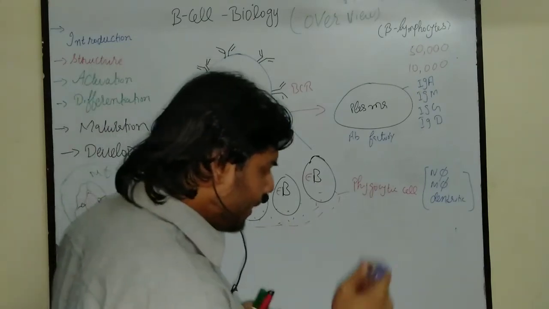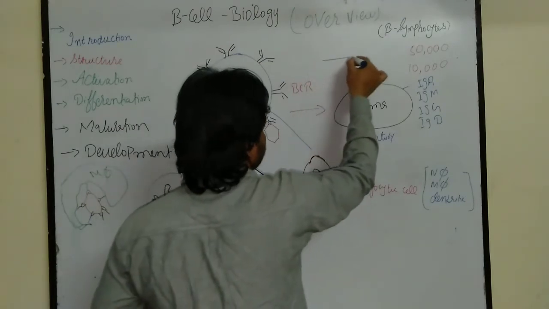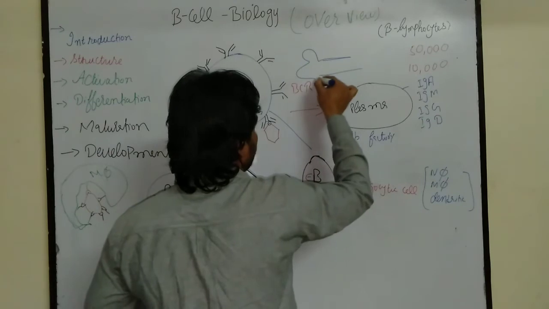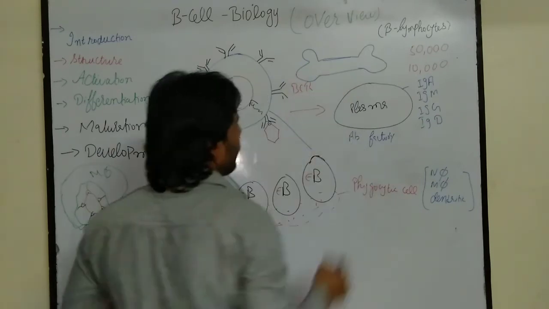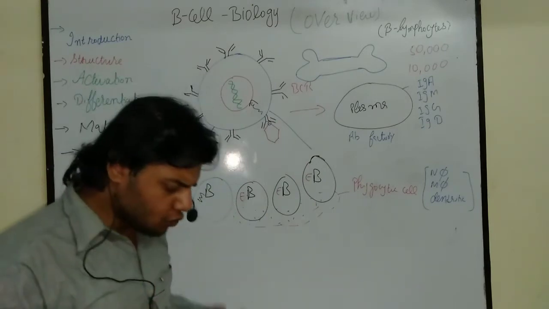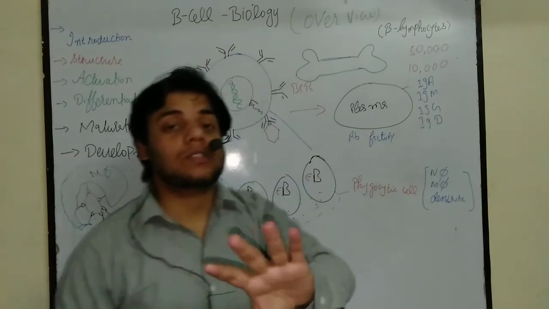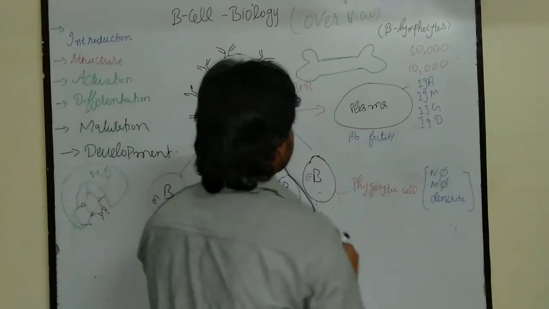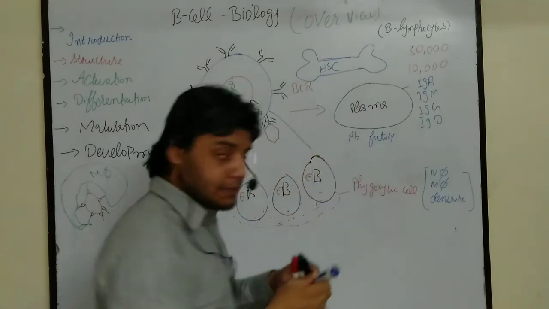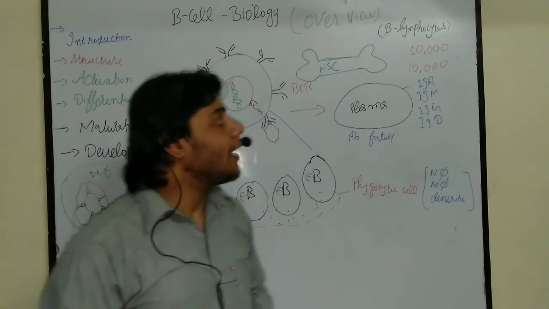Mainly the B cell is developed inside the bone marrow. Let's suppose this is the bone marrow. Inside this bone marrow we have different kinds of immature cells, the most important being the hematopoietic stem cells, which give rise to different kinds of cells.